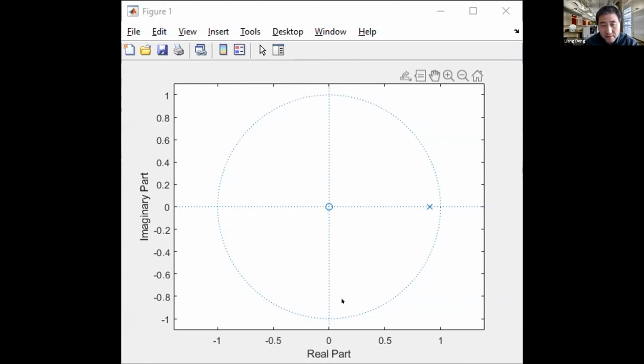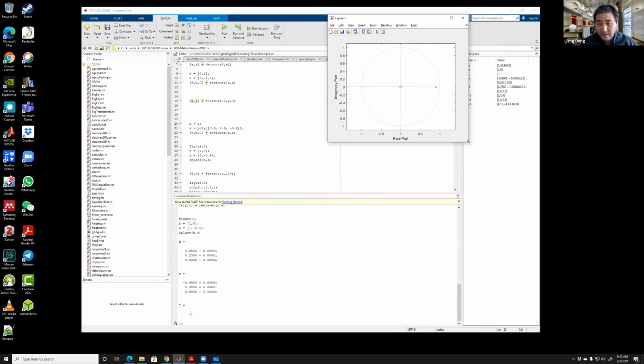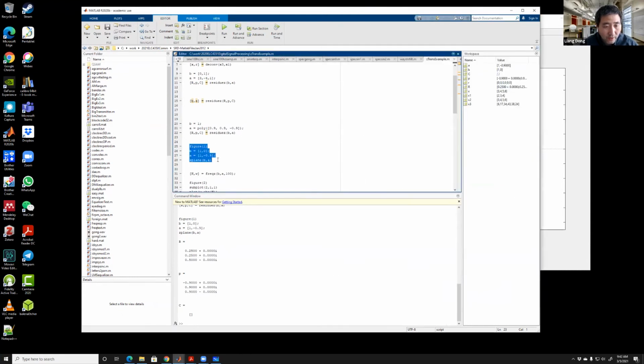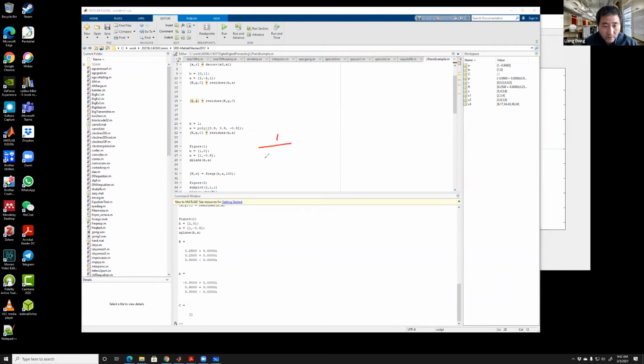It will very nicely draw the unit circle for you. So you can see what I did here. This is figure 1. I plot out B as 1, and A as 1 and negative 0.9. So what is that? Well, that will give us 1 over 1 subtract 0.9 z to the power negative 1.